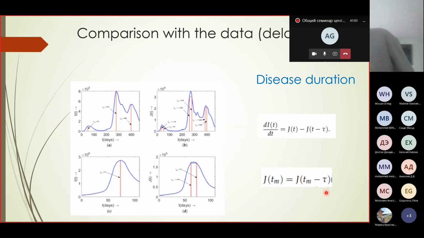Okay, so now using the data for I of t and J of t, we can determine disease duration. And we have done it for different countries and for the same country in different periods of epidemic progression.